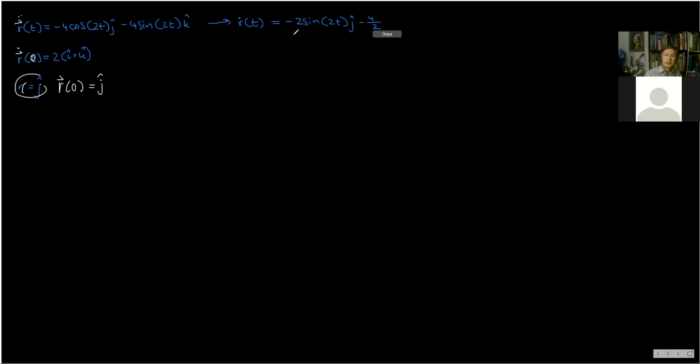Sine, yes. 2 sine after integration. The second one. Can you write the full expression? You actually integrate that original, right? 4 cosine 2t j minus 4 sine 2t.